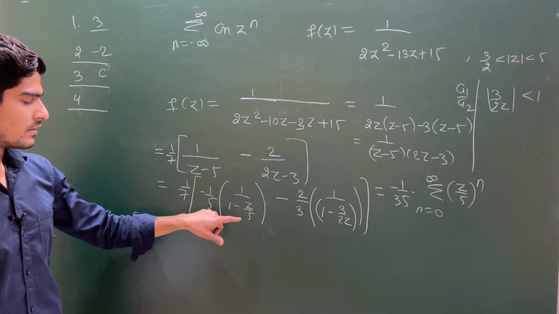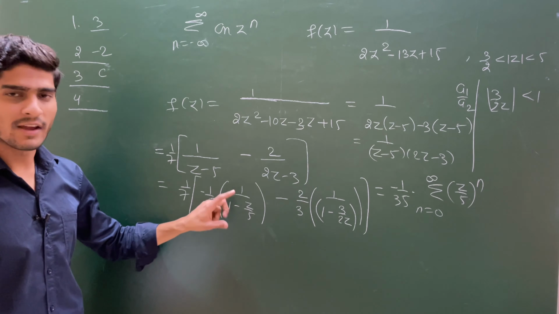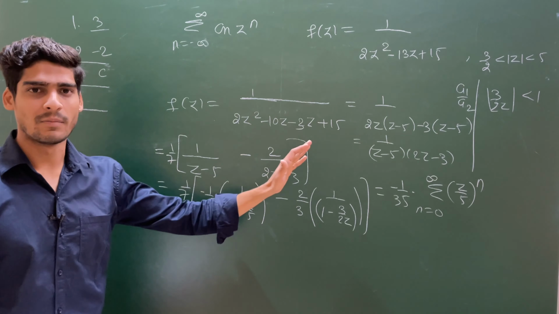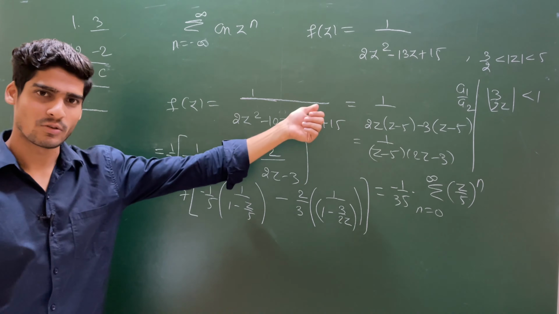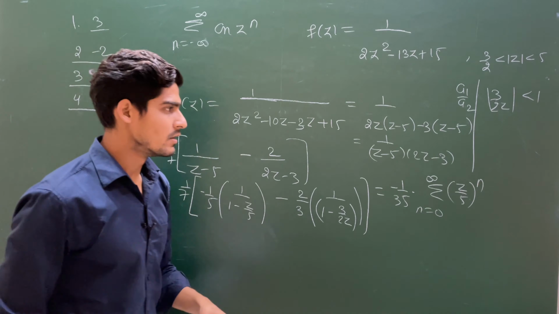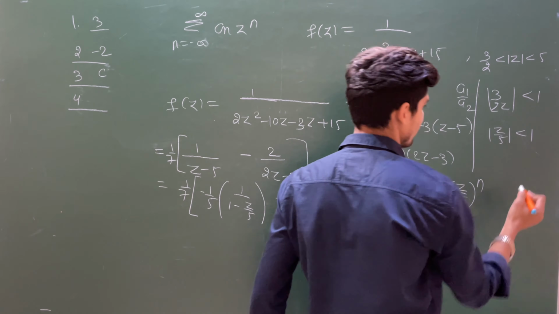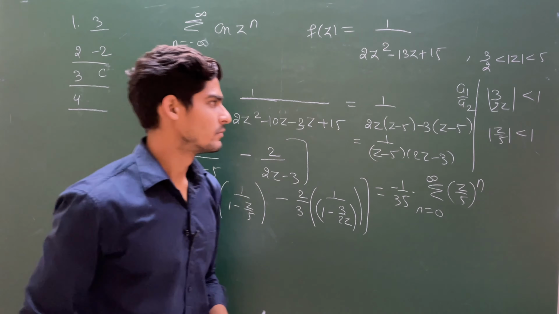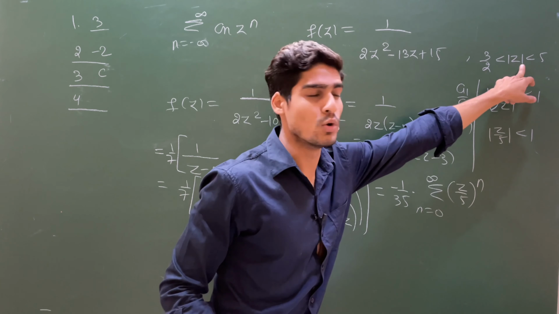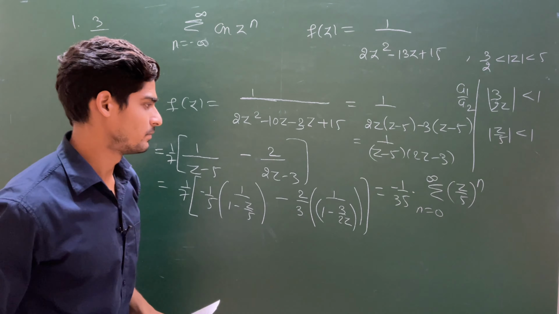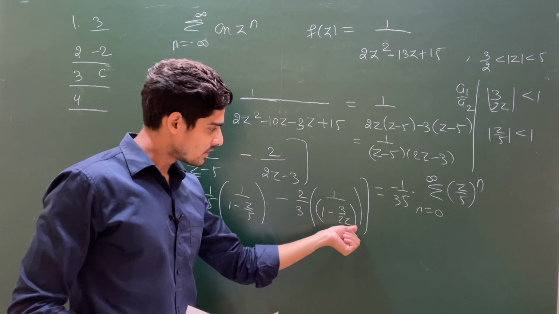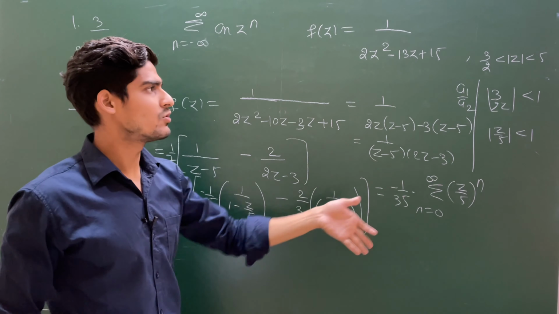Because if you write this as 1 minus z by 5 whole power minus 1, then you can write 1 plus z by 5 plus z by 5 whole square plus so on. So you are getting a geometric series. But for this, you need mod z by 5 to be less than 1, that is, mod z is less than 5. So you have got this region. And in this scenario, you will use mod 3 by 2z less than 1, so you will get this region.